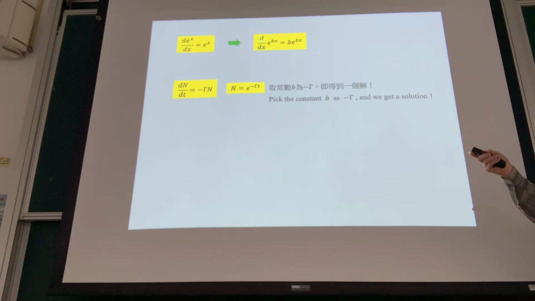Okay, so the derivative of e to the bx is b times e to the bx. Just what we need. That's why we call it method 0. There's no argument here, it's just by intuition I know it is there.